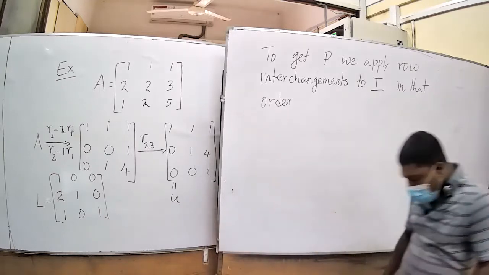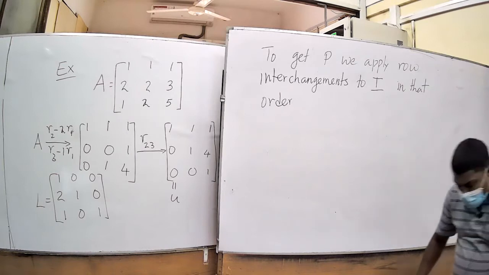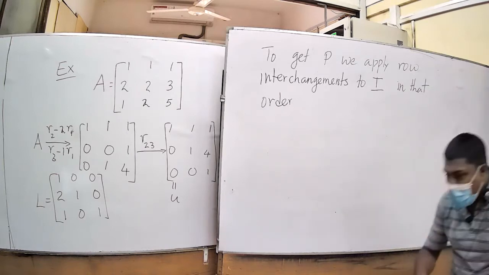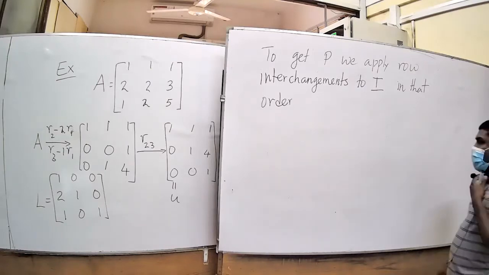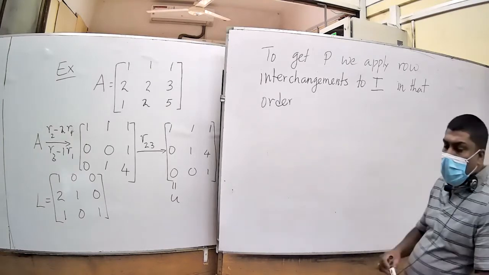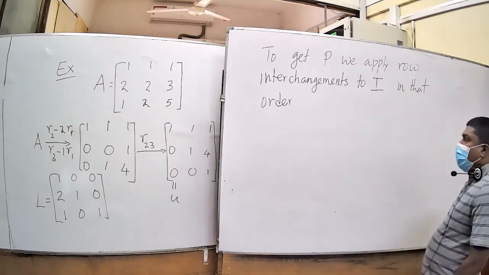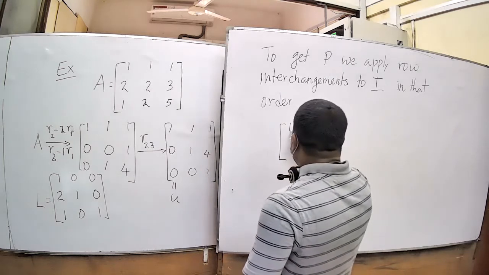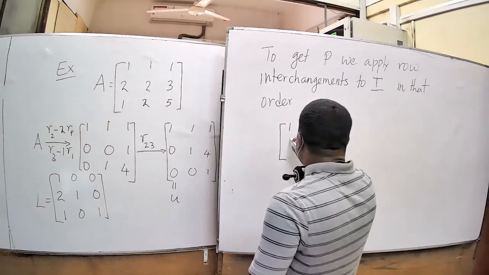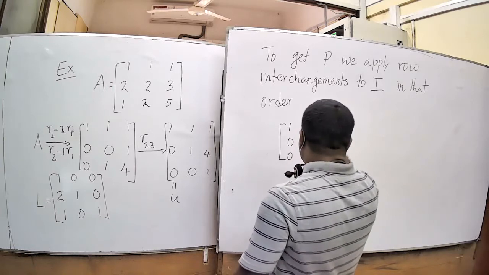To get P, you apply the row interchanges to the identity matrix, in the order in which you applied the row interchanges in the elimination. So you start with the identity matrix: 1, 0, 0, 0, 1, 0, 0, 0, 1.